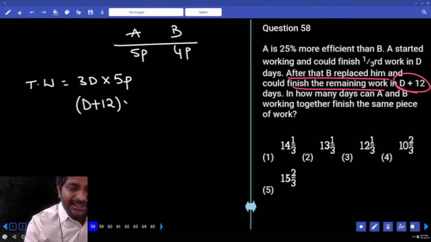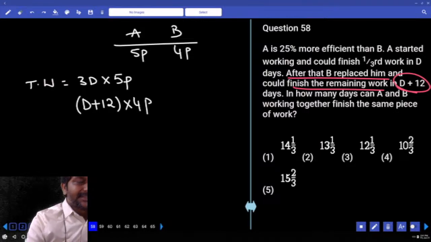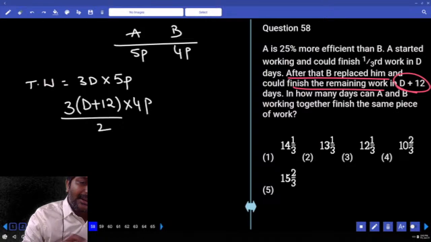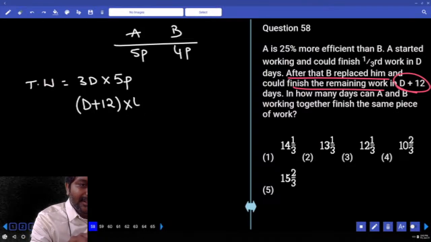Into 4 parts. This is to complete 2/3 work. So for 1/3 work, how much is that? Exactly half of this. Then to complete the total work, it is into 3. This is also the total work. That means both are equal.